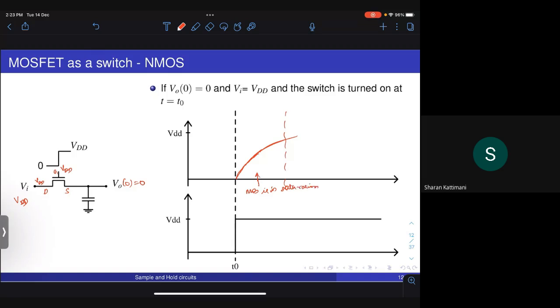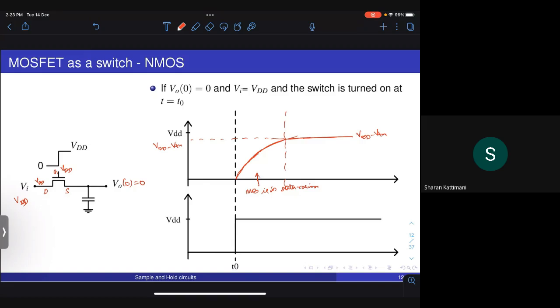This continues until the output reaches a value of VDD minus VTN. Once it reaches VDD minus VTN, the transistor turns off and the output saturates at VDD minus VTN. So this is how the NMOS charges a capacitor from 0 to VDD.